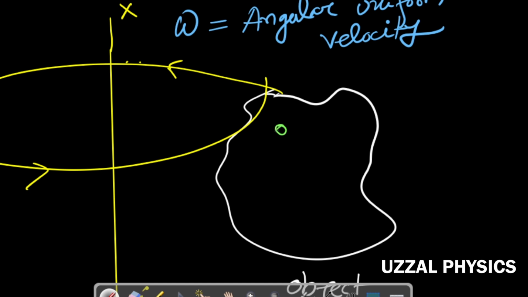Suppose this is a point mass m1, this is another point mass m2, this is another point mass m3, and this is another point mass. Suppose this object is made of a large number of point masses. Suppose n point masses are here.